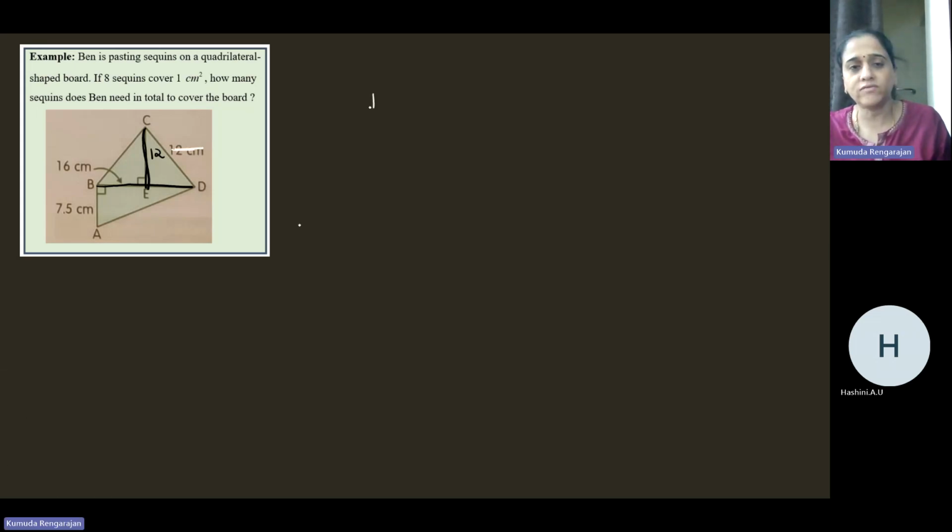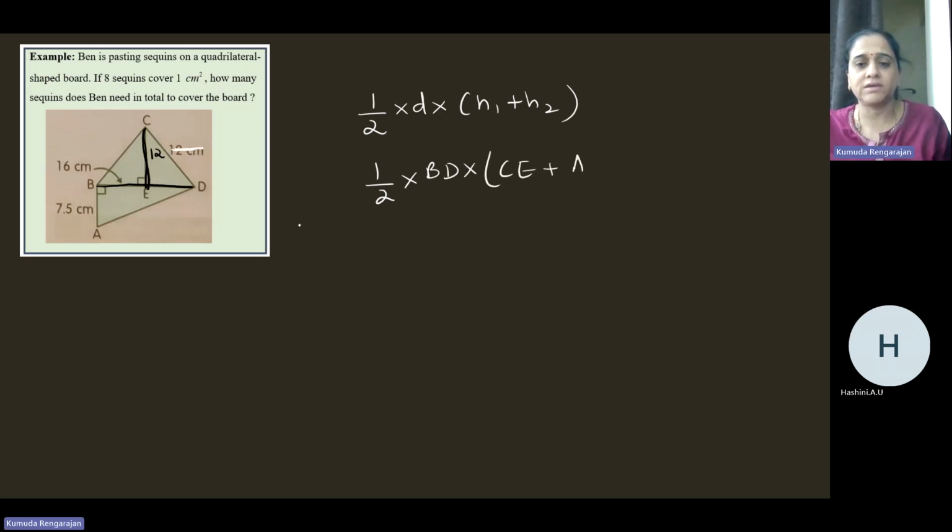So the formula is half D into H1 plus H2. The diagonal is BD, and CE and AB are the perpendiculars, the altitudes on the diagonal.